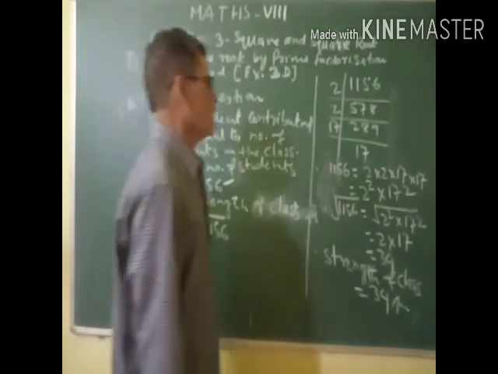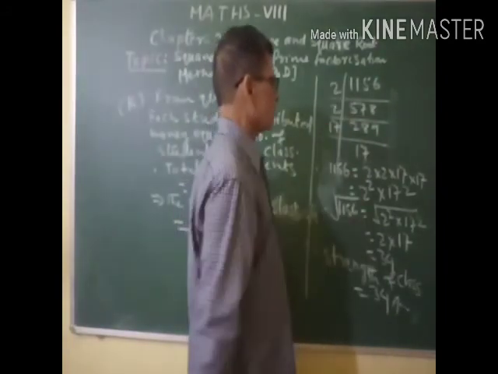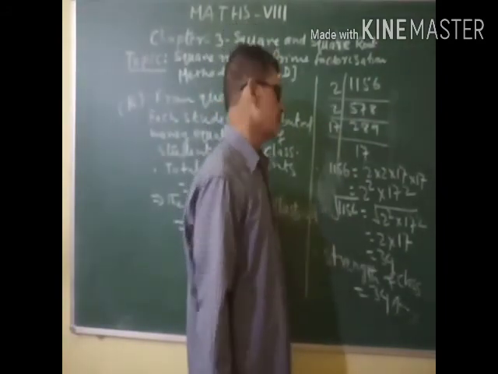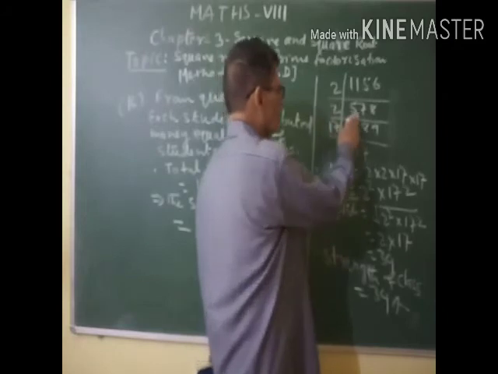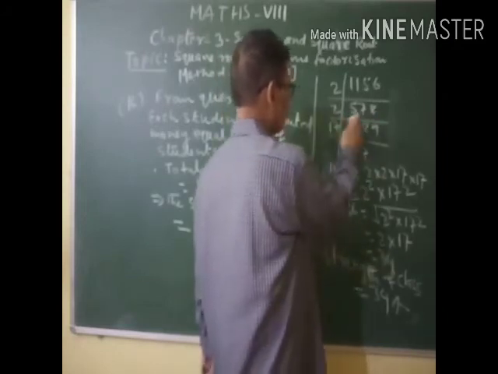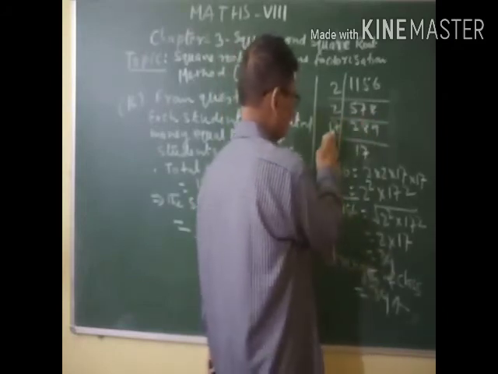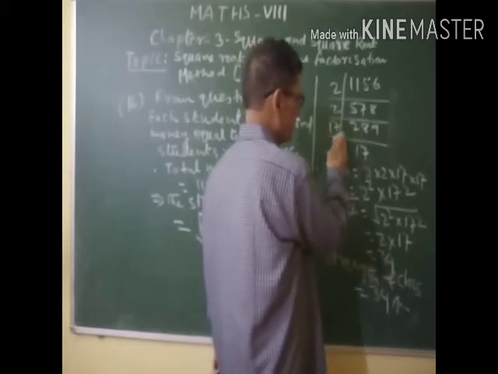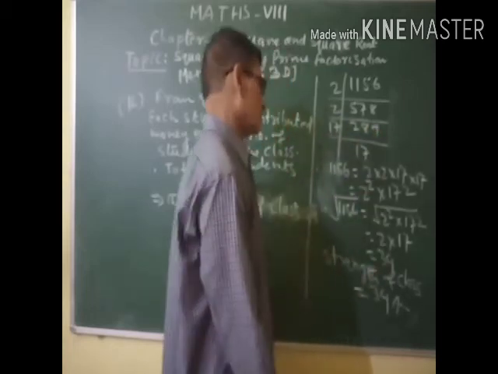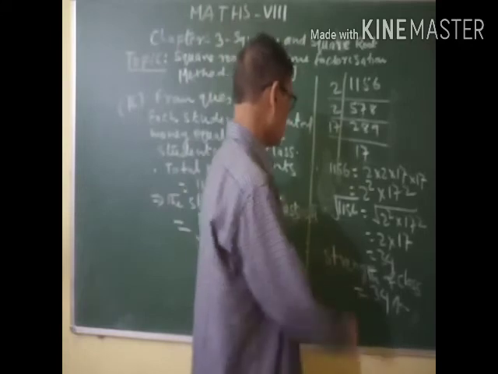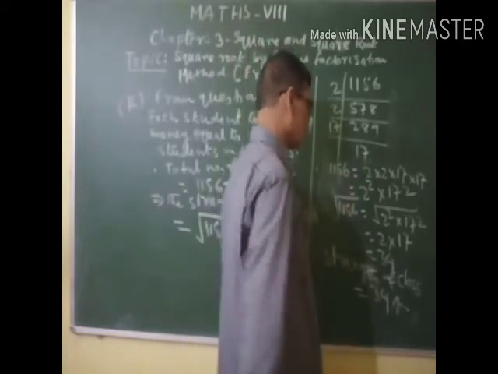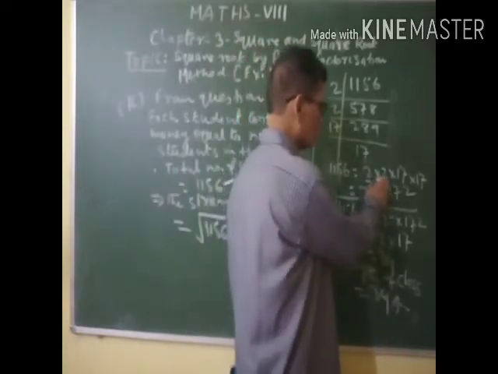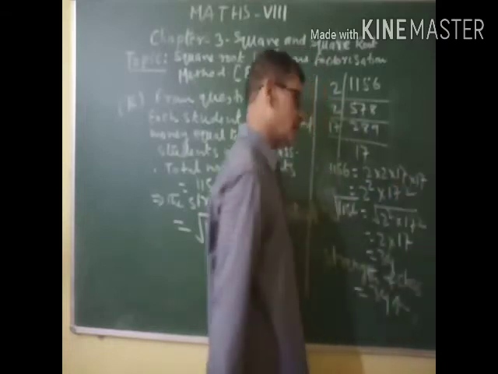I have done here the prime factorization of 1156: 2 into 578, 2 into 289, and 289 is 17 times 17. Thus you can write 1156 equal to 2 into 2 into 17 into 17.